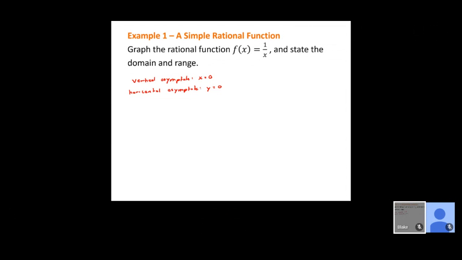Okay, now, in terms of domain and range, if we think about the domain here, because we had that vertical asymptote at x equals 0, we know the graph is never going to cross that point. And so we would say that our domain goes from negative infinity to 0, not including 0, so we use a parenthesis, and then a union 0 to positive infinity.